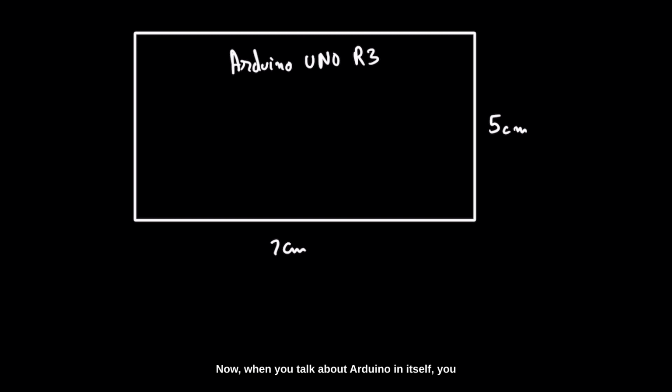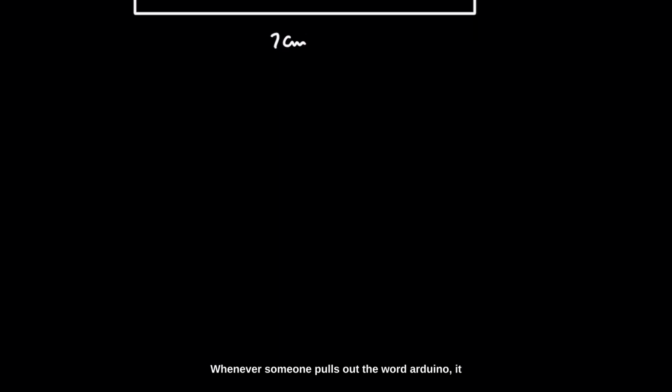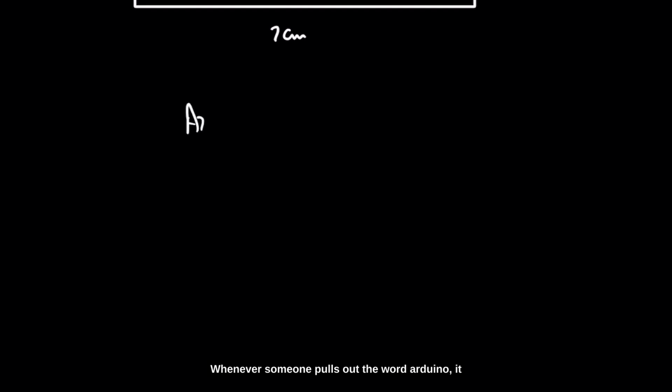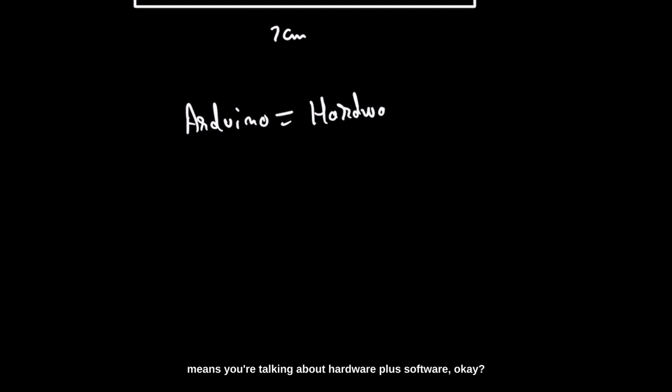Now, when you talk about Arduino in itself, you talk about two things at the same time. Whenever someone pulls out the word Arduino, it means you're talking about hardware plus software.